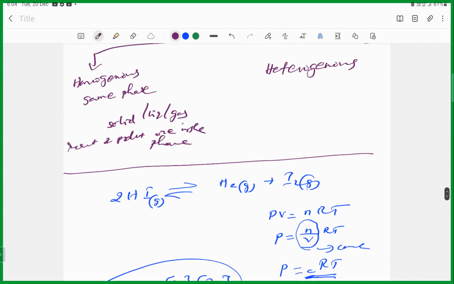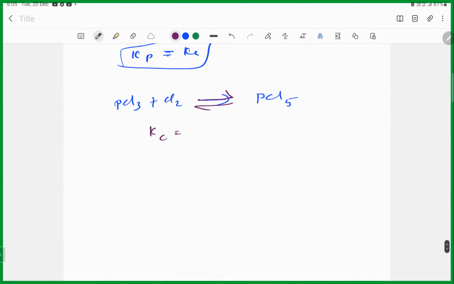Then here, Kc is equal to what is the product concentration? Yes, please try to open your mouth. Then it becomes easier, otherwise it becomes too difficult.